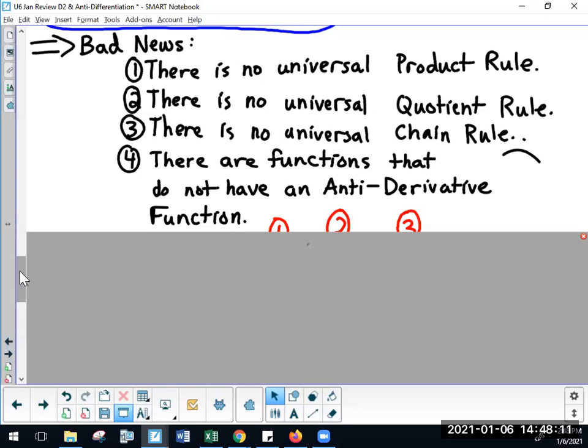We will learn what to do in those cases. But these are the four pieces of really bad news for antidifferentiation. And this is why antidifferentiation is much more complicated in total, I think, than differentiation. So get over your grief real fast.